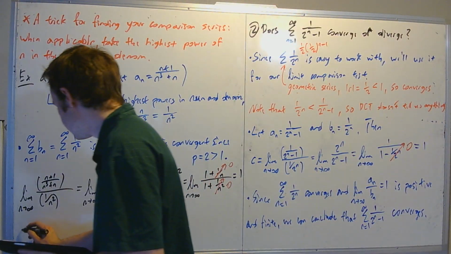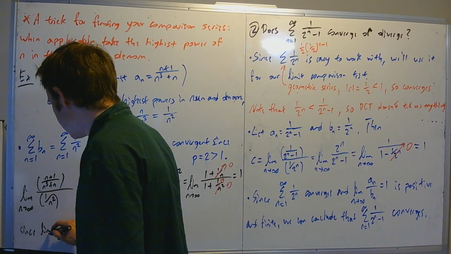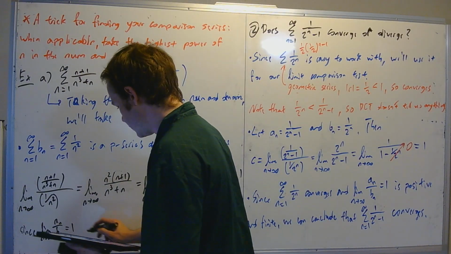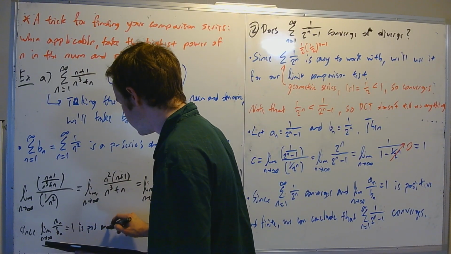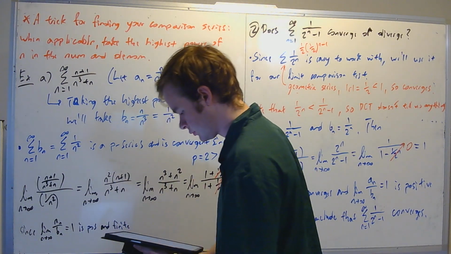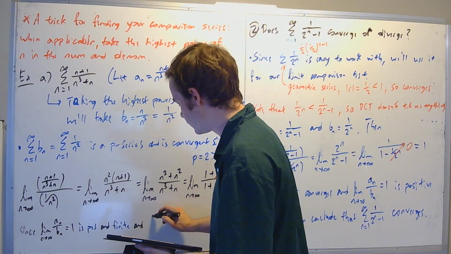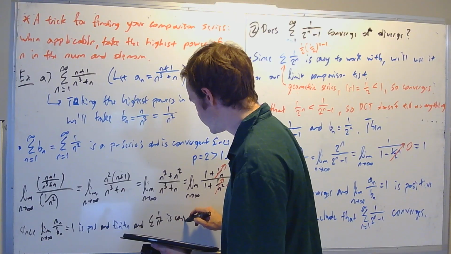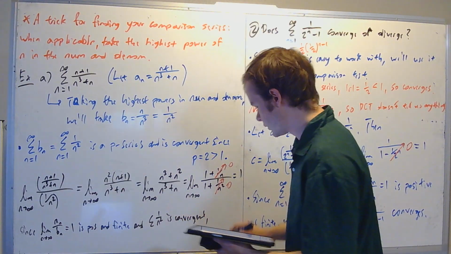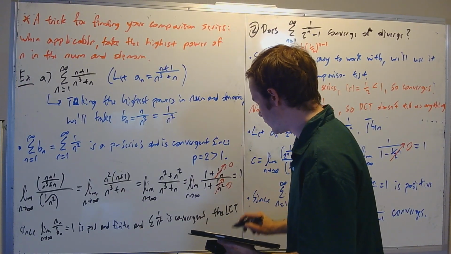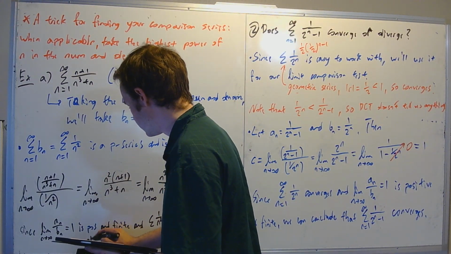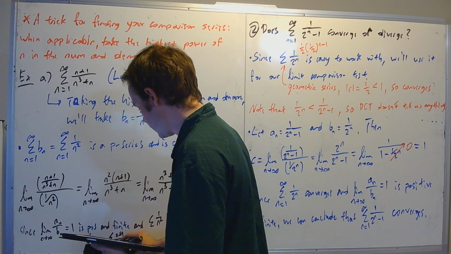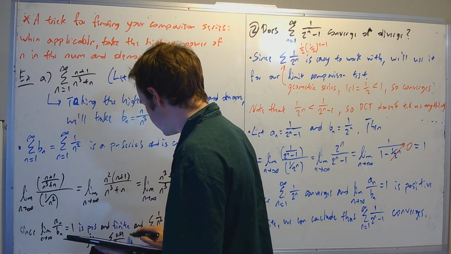So I'll say here, since the limit as n goes to infinity of an over bn equals 1 is positive and finite, and our other series, which was the sum from n equals 1 to infinity of 1 over n squared, is convergent, the limit comparison theorem gives that the sum of n plus 1 over n cubed plus n is convergent.